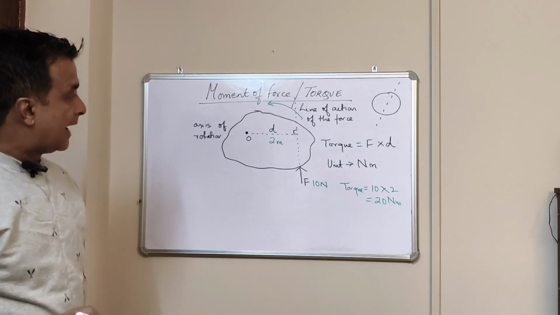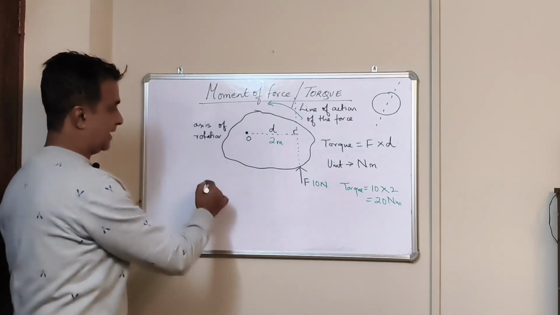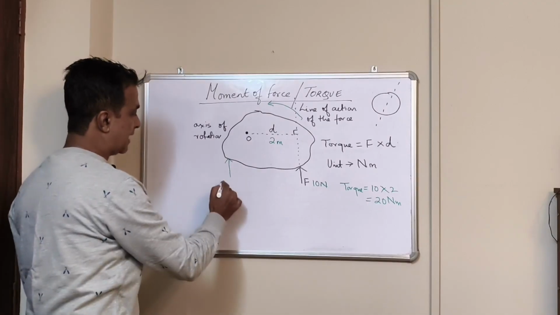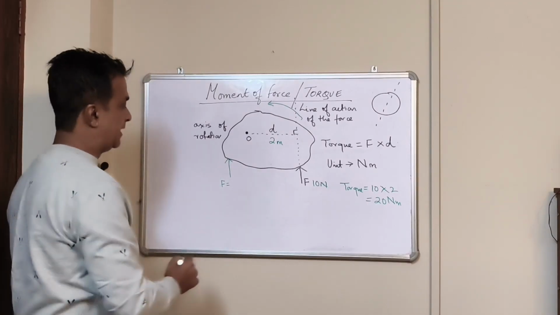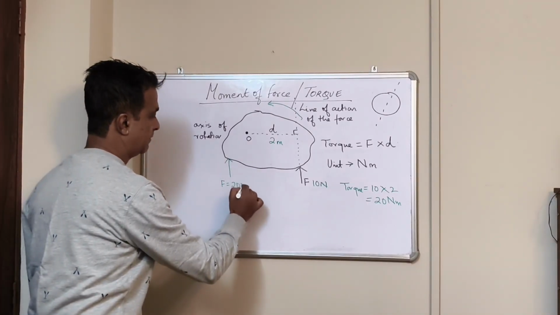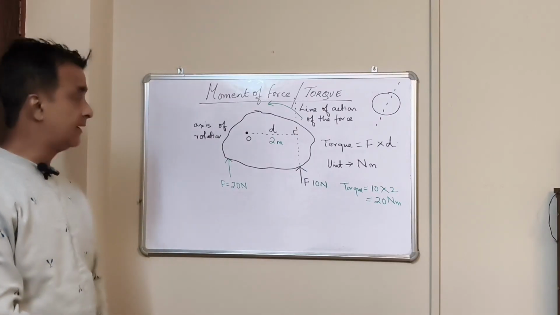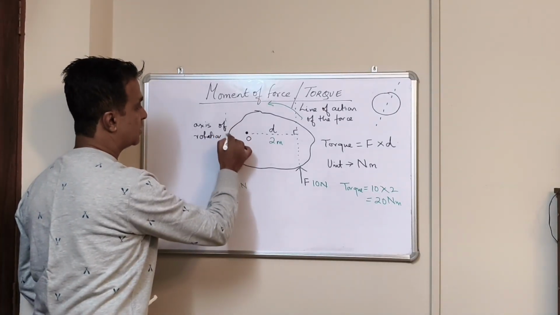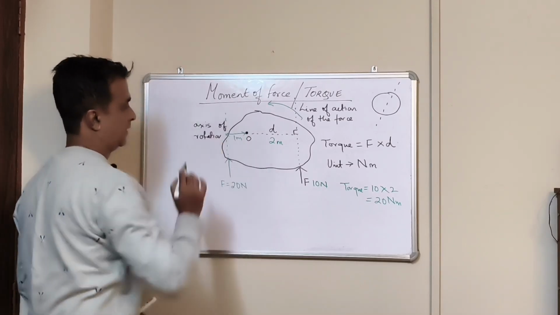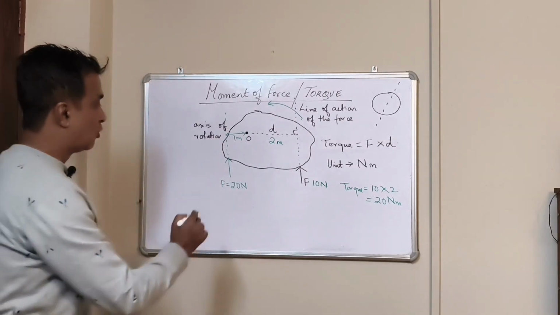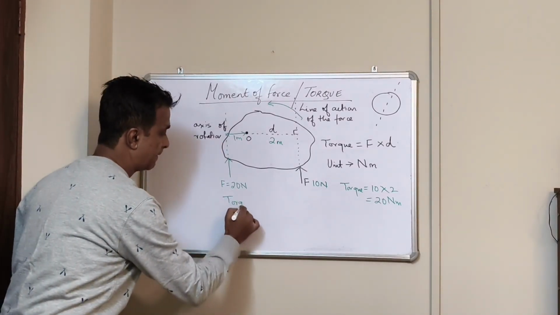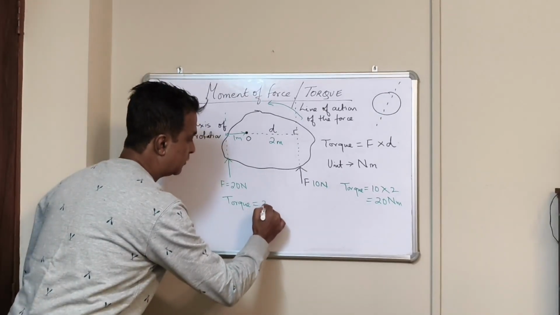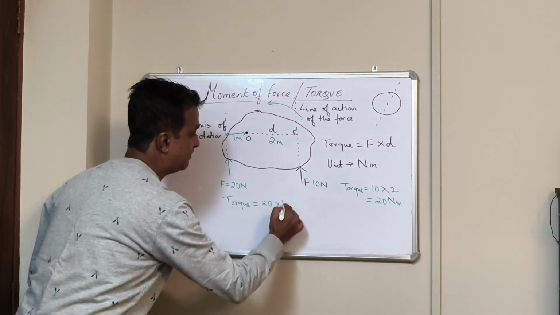Now supposing I was to apply another force at the other end, supposing here. And the force I'm applying here is say 20 Newton, stronger force here. And this distance from the axis of rotation was 1 meter. Now in this case, the torque produced is again F into D. So we have 20 Newton multiplied by 1 meter.